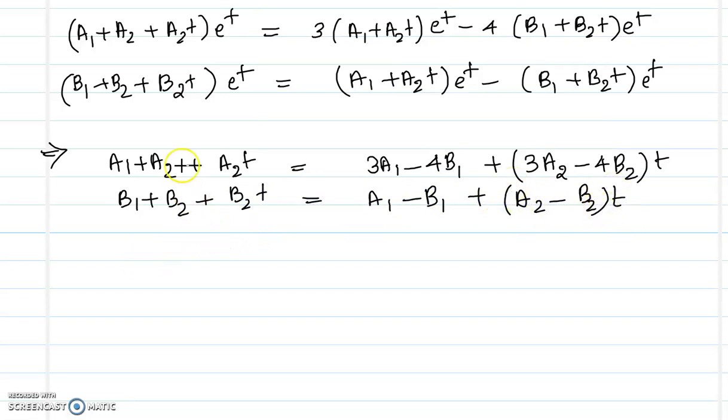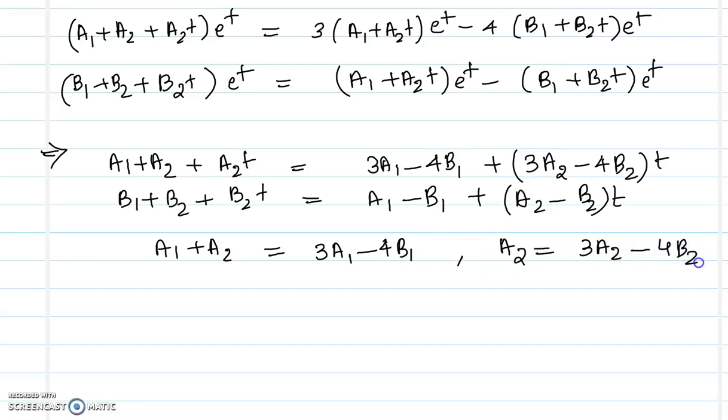Now let us equate the two equations. So we will be getting a1 + a2 equal to 3a1 minus 4b1, and a2 will be equal to 3a2 minus 4b2, and we will get b1 + b2 equal to a1 minus b1, and b2 equal to a2 minus b2.